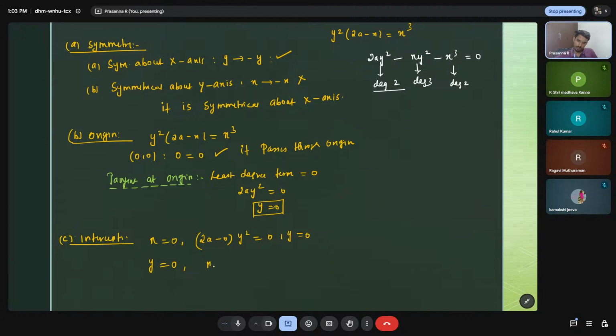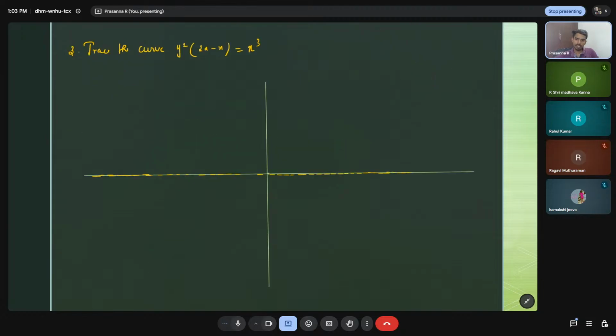Not only, right? x is also 0. So (0, 0) is the only intercept, right? And we know it is passing through origin also. So it has to pass through, it is passing through this origin.